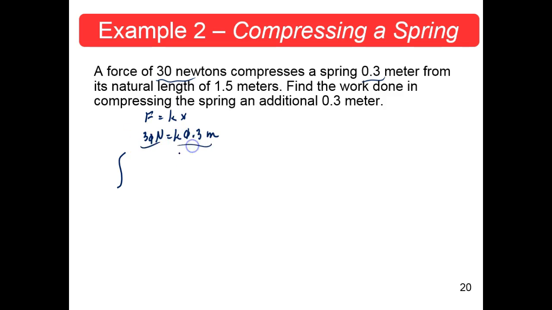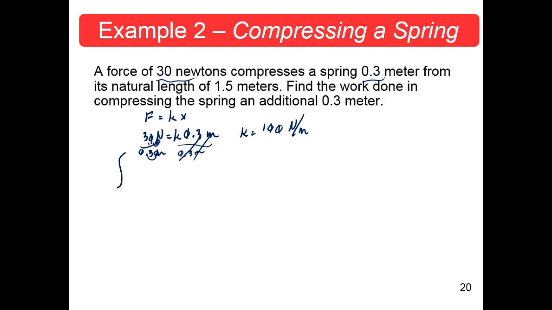Divide both sides by 0.3 meters. K is equal to, move that decimal one place, move this one place, and you get 30 over 3, or 300 over 3, which is 100 newtons per meter. And that's the usual unit that we use for spring constant, force per distance.